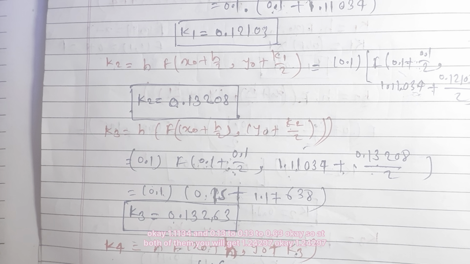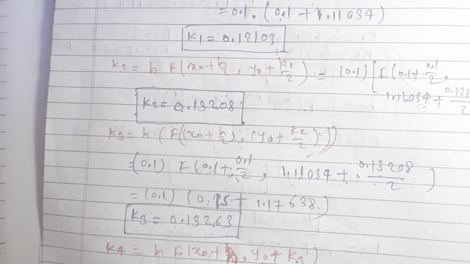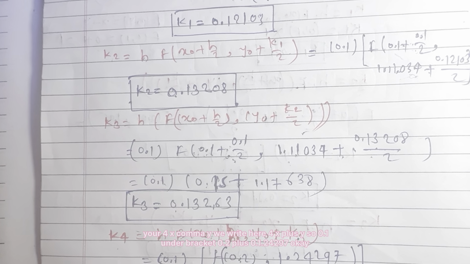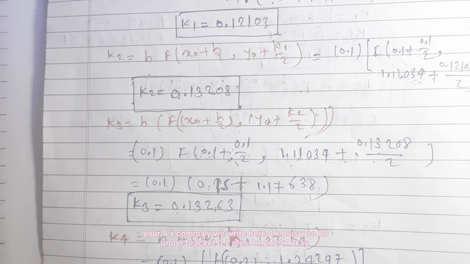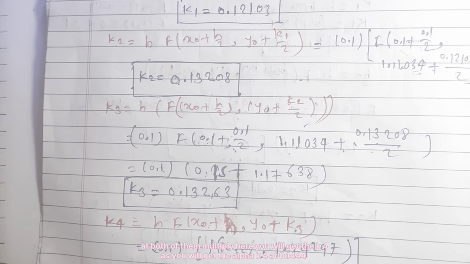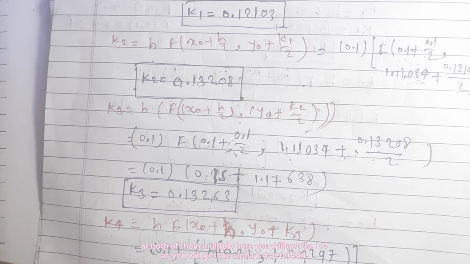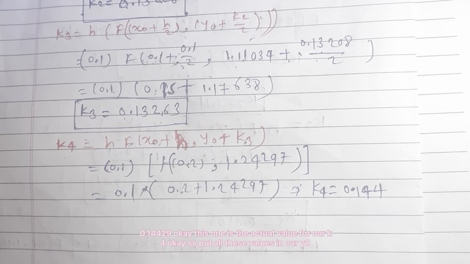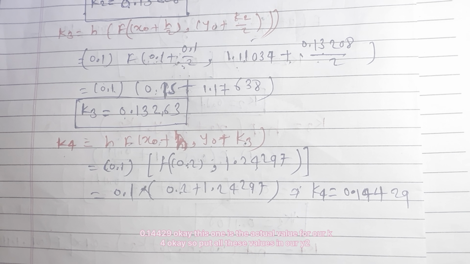Add both of them and you will get 1.24297. f of x comma y is x plus y, so 0.1 times the bracket 0.2 plus 1.24297. Add both of them, multiply, and you will get the value for k4 as 0.14429. This is the actual value for our k4.